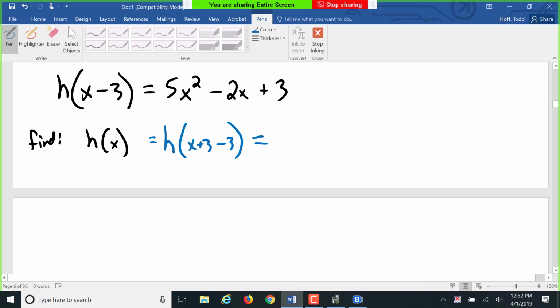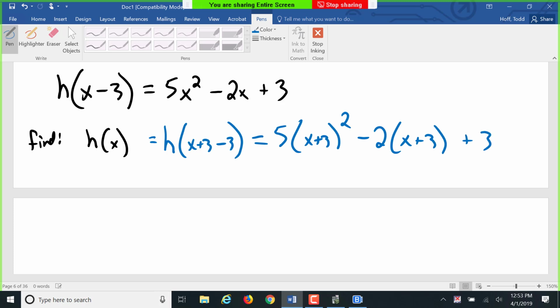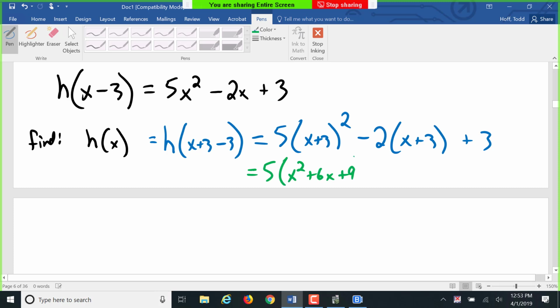So we're going to put in x plus 3 into this expression. So that's 5 times x plus 3 squared minus 2 times x plus 3 plus 3. X plus 3 squared is x squared plus 6x plus 9.